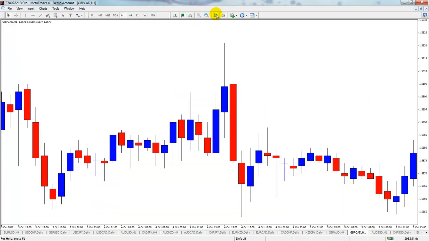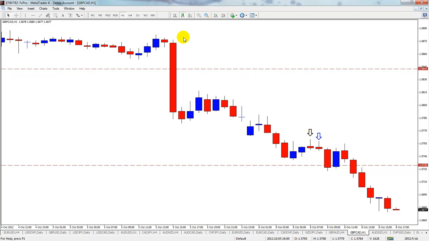So here's how it works. The market's been moving down, so I'm looking for two up candles, two blue candles, and then an alert candle. This candle here with the black arrow is an alert candle, because we've seen the market go up for at least two candles, and then it gives me a different colored candle. That's an alert. That candle in itself doesn't trigger a trade.